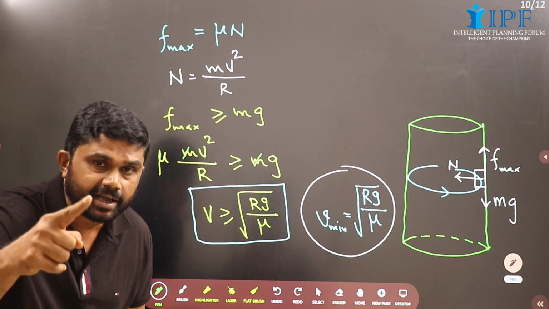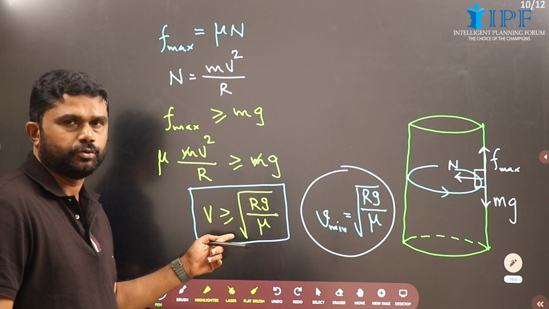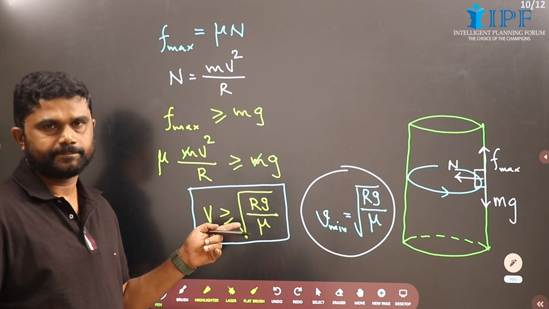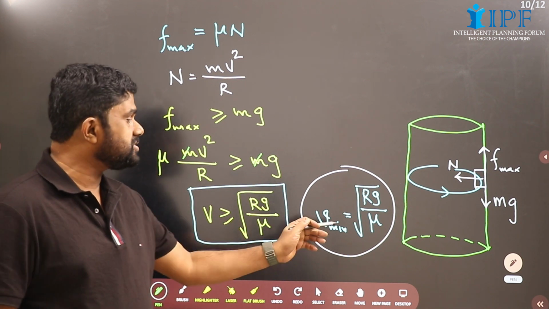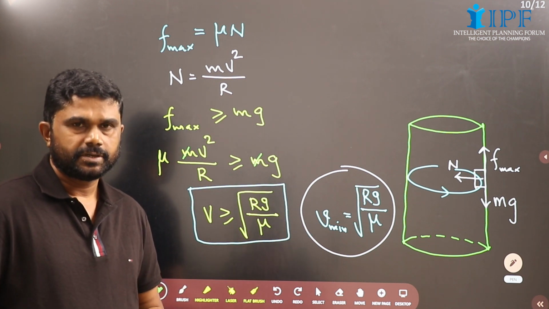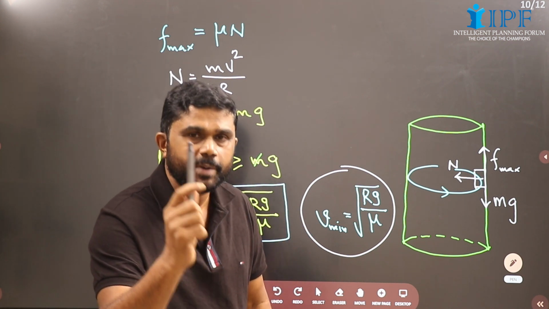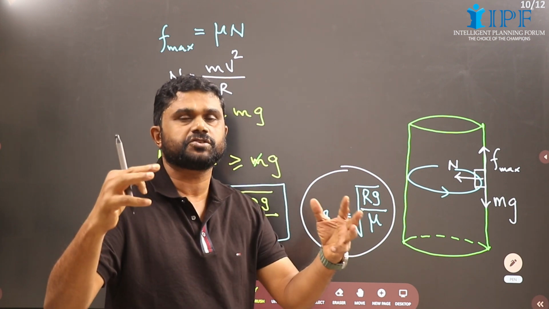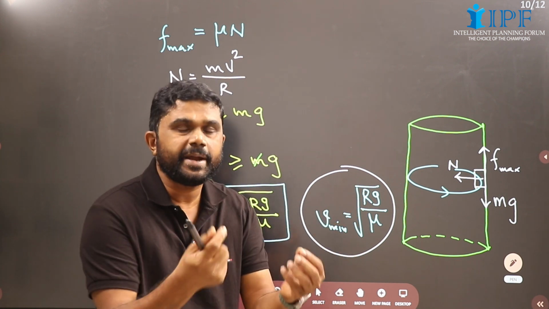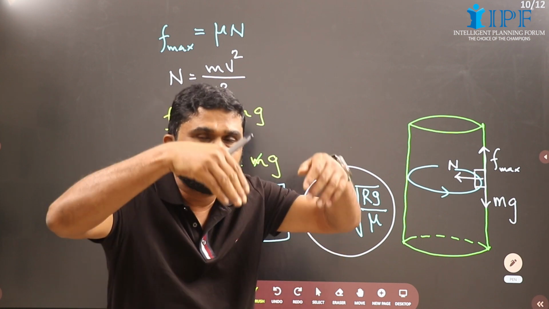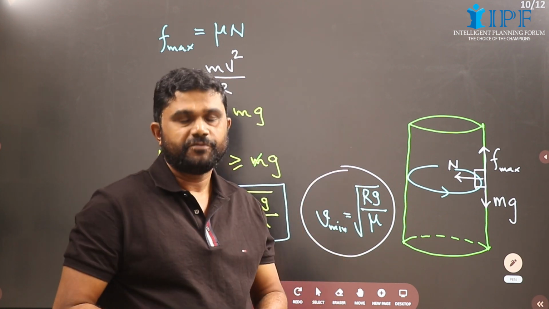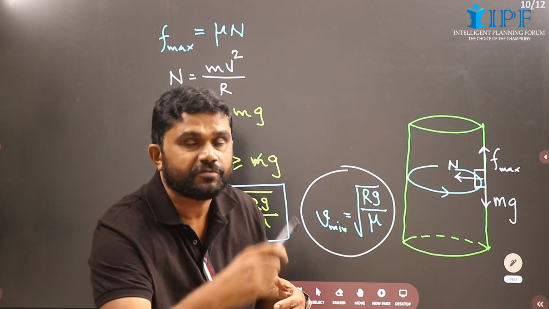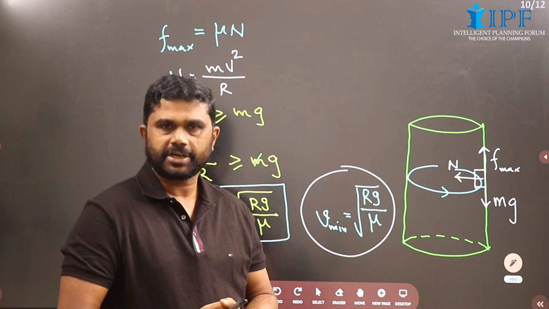It cannot be less than this, so this is the minimum value. There is a minimum speed with which the vehicle can take the turn like this on the inner surface of a vertical cylinder. When the speed is below that value, it will slip down. When the speed is more than that value, it will have a tendency to move up, right?